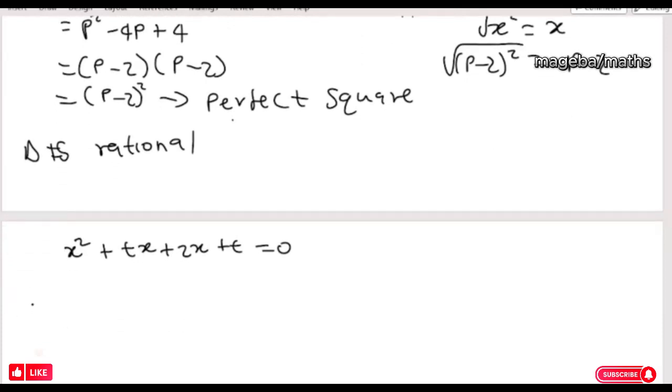Now first, before we go to our delta, let's simplify this. It's going to be x squared plus, now we have two x terms here, this one and this one.